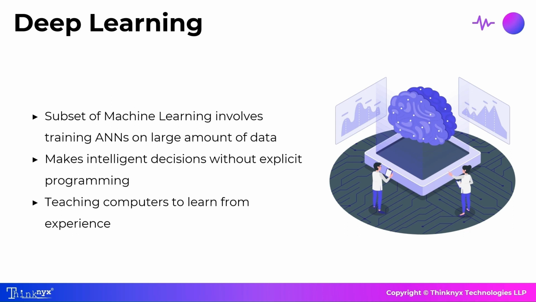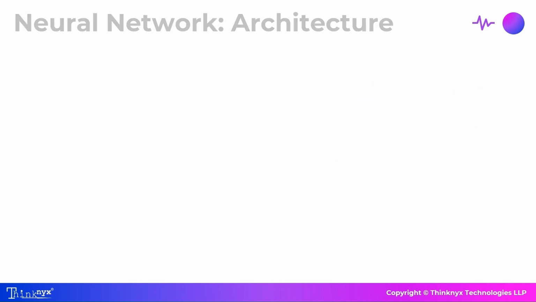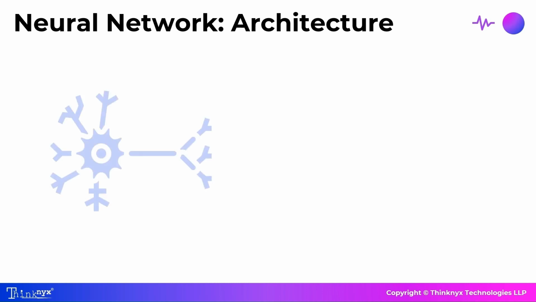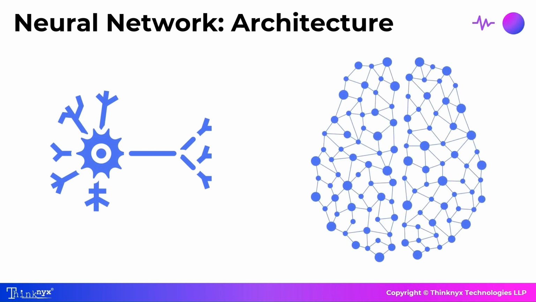Now that we have understood how deep learning works, let's understand the core architecture that powers this technique. Just like the human brain, deep learning architecture consists of interconnected units called artificial neurons. These artificial neurons are organized into layers, forming a network analogous to the neural networks in our brains.